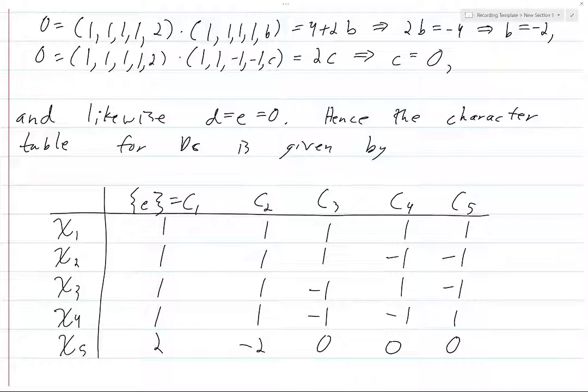I think no matter how you want to approach this problem, you're always going to end up doing some amount of calculations and just sort of having to get your hands dirty. But however you want to do it, this should at least be a start for you, and hopefully it sheds some light onto the process of finding character tables in the first place.